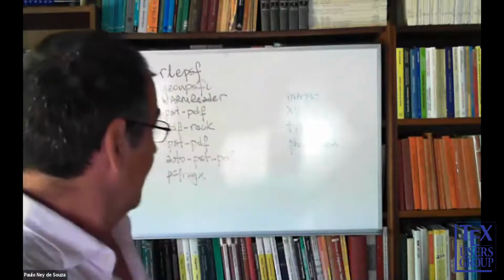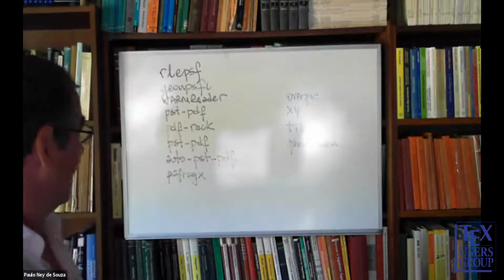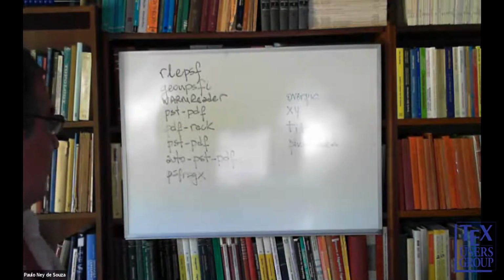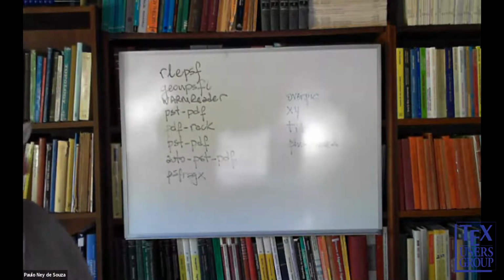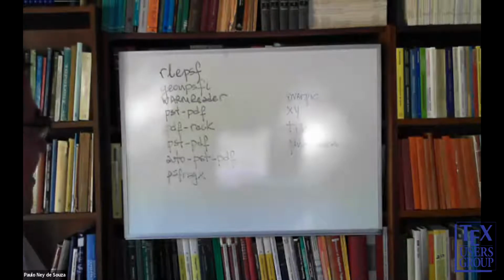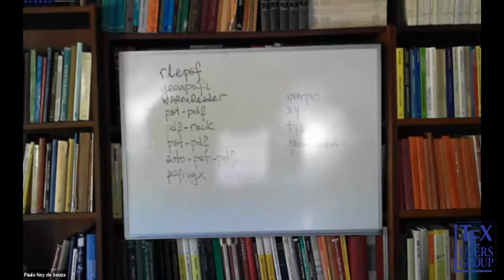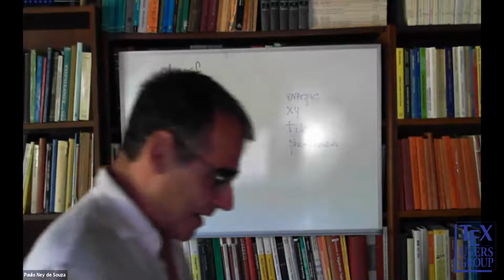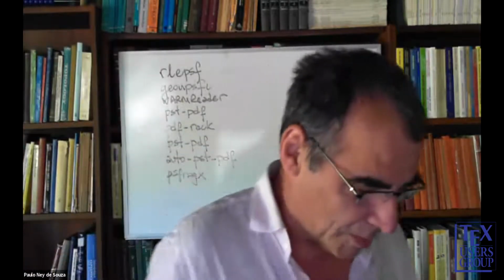Lots of other software got written in order to resolve this problem. I listed on the board here a few of them: WARMReader by Ross Moore, PSTPDF, PDFrack, AutoPSTPDF, PSFragX, and there were all sorts of propositions.